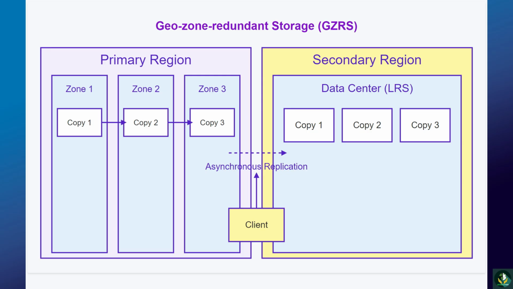Comprehensive protection. GZRS combines the benefits of ZRS, protection against zone-level failures, and GRS, protection against region-wide outages. Performance. The use of ZRS in the primary region ensures low latency access to data for regular operations.